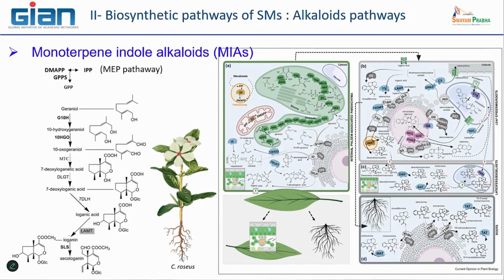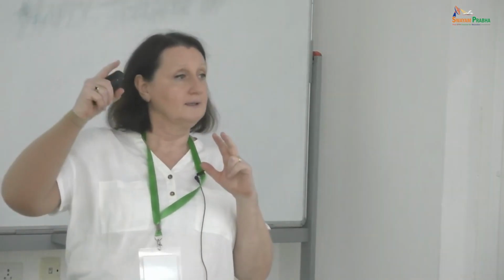Just to show you that this metabolic pathway is not so easy, because it is distributed between 3 different cell types, and in one cell, this metabolic pathway is distributed in different organelles, which shows the complexity of this pathway.